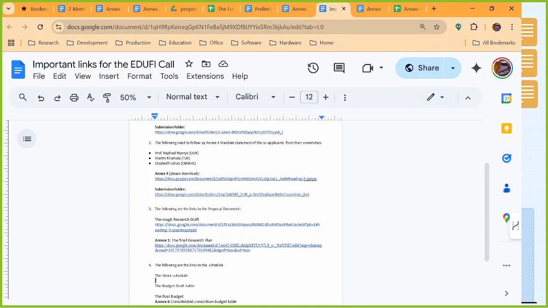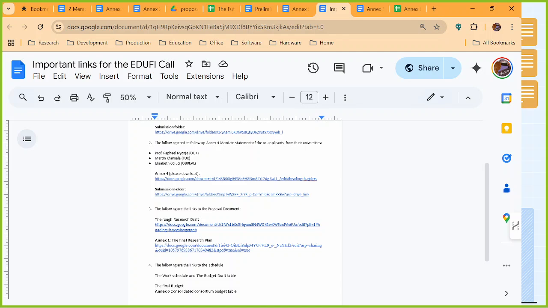I've yet to put the link, but when I put it up, I'll put the link. It's the work schedule and budget draft table, the one we've been going through. This one is going to be in the format that's ready to be uploaded on the final budget, which is Annex 6.